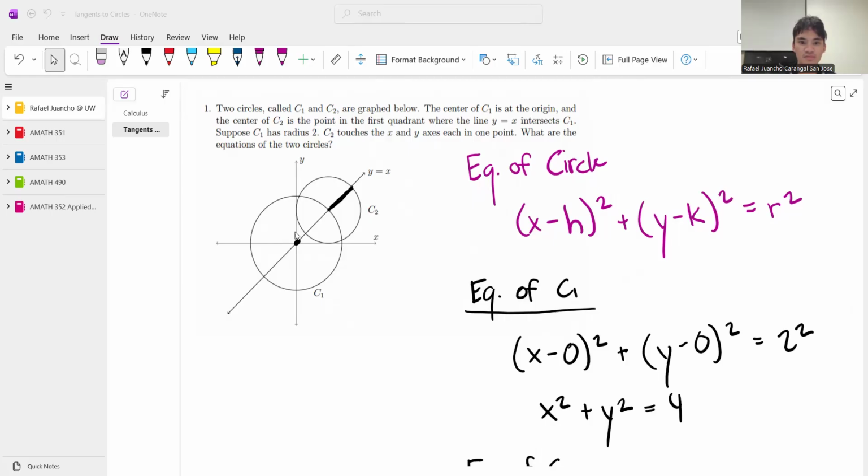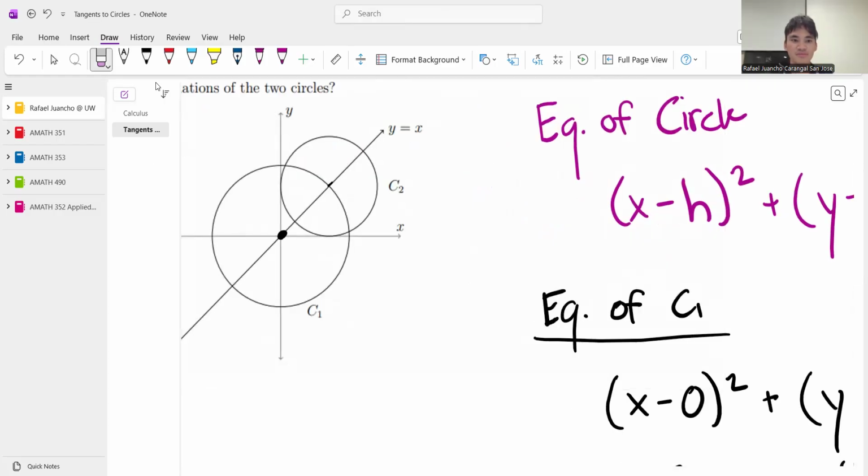Well, here's the thing. Since the center of C2 is just square root 2, square root 2, that means the radius would just be square root 2.